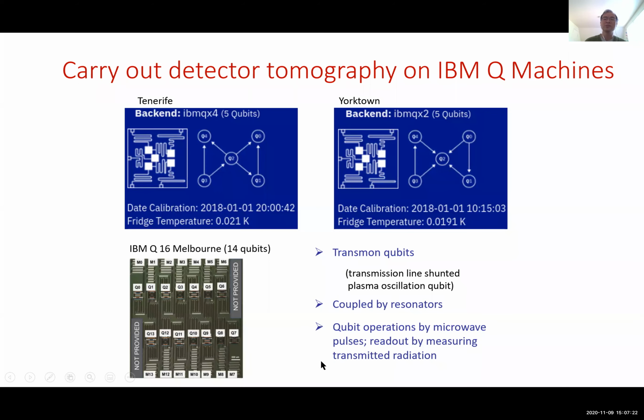So we already introduced the transmon qubit system. I don't want to go through the details of this discussion, but you see some snapshots of the machines at IBM. For example, there's a 5-qubit machine here, and the qubits are linked by some resonators.